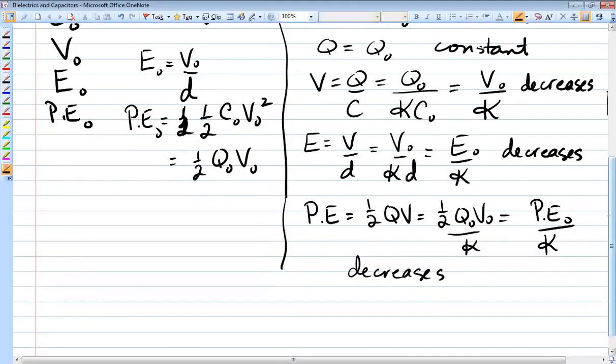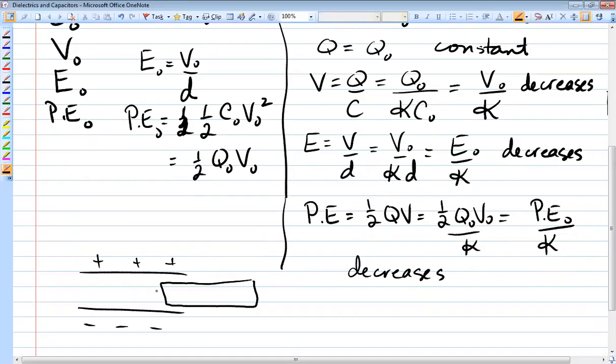Well, what actually happens is when you start bringing this piece of dielectric material close to these plates, plus, plus, plus, minus, minus, minus, and you start introducing this dielectric material like this, you will distort the field. The top of this dielectric will become negatively charged, the bottom will become positively charged, and the electric field lines, which normally go straight between this parallel plate capacitor, start to get pulled over and distorted like this.